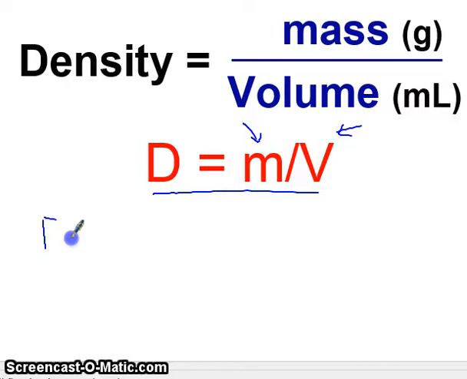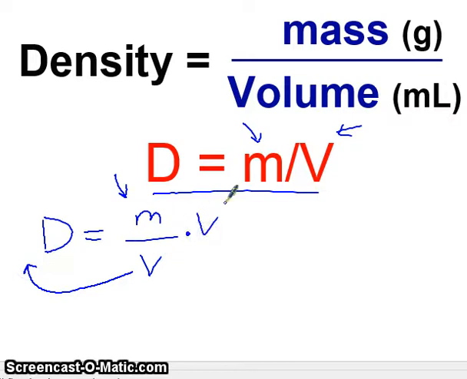Since our initial equation is density equals mass over volume, if I have to solve for mass, I have to rearrange the equation to solve for mass. I will get rid of volume, and I will put volume on this side. This is legal in math because in order to undo something, you would do the opposite. So I will multiply by volume to get rid of volume. I must also do the same thing on the left side. The volumes cancel out. My equation says mass equals volume times density.